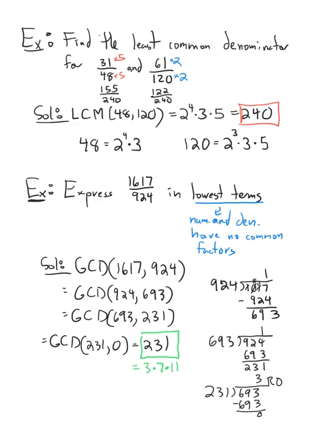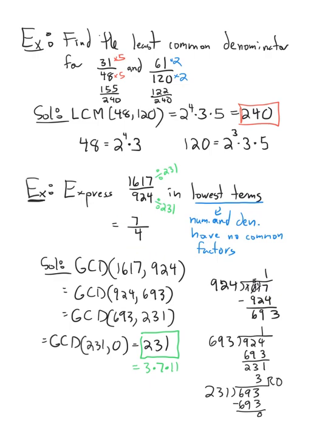So we'll just divide the numerator and denominator by 231. And you can check, we get 1,617 divided by 231 is 7. And 924 divided by 231, you can check, is indeed 4. So this fraction simplifies to 7 over 4.